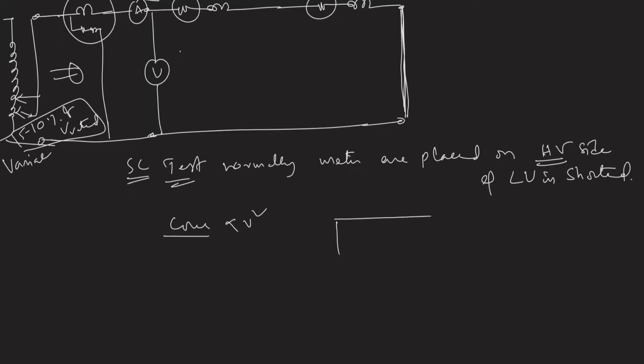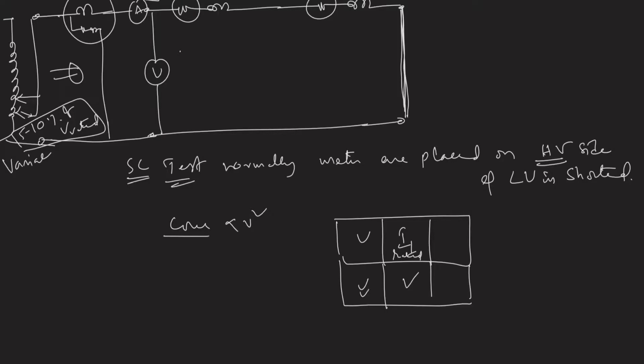Okay, so we calculate the rated current on the primary side, and we adjust the supply voltage till the rated current is obtained, and the voltmeter reading and wattmeter reading are measured. This value is pre-calculated, and it is adjusted till this rated current is obtained, and all the 3 meter readings are now taken.